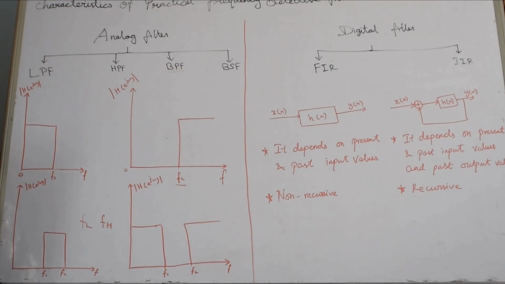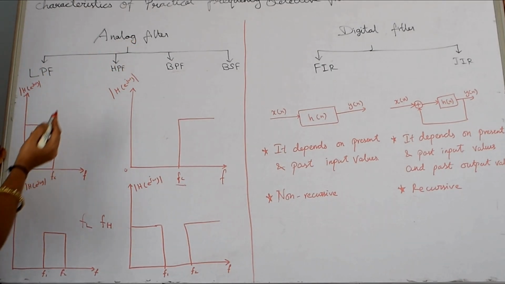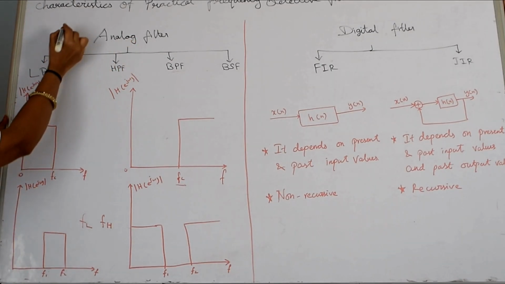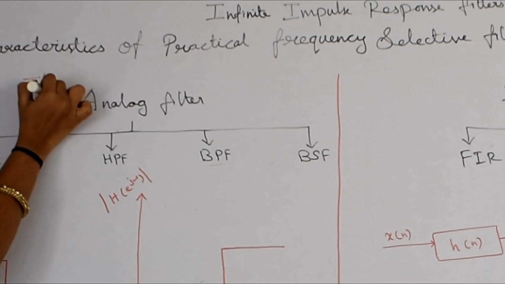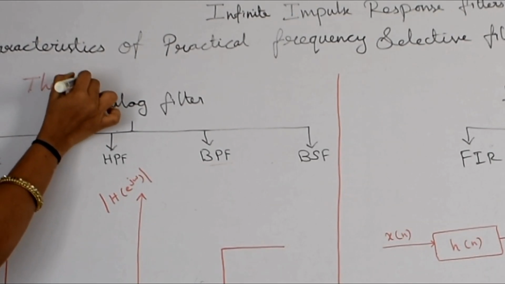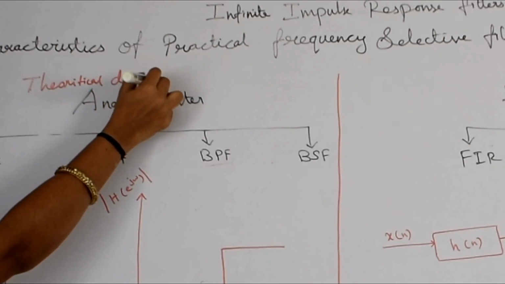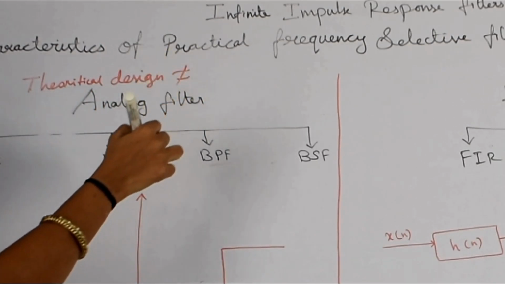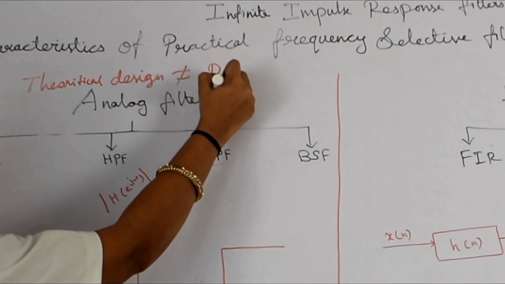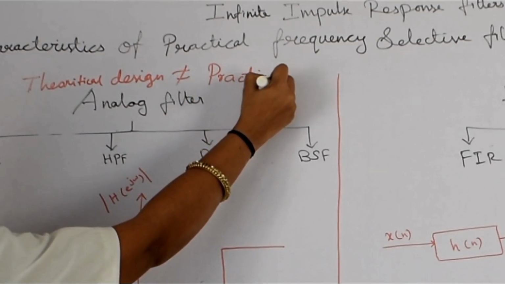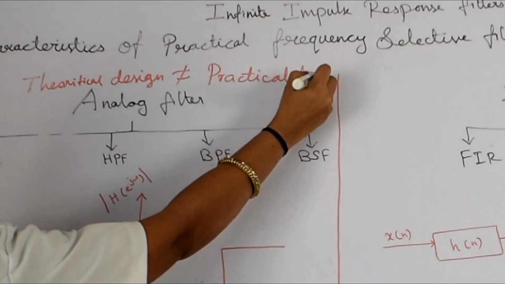In analog filter we have a main disadvantage that the theoretical design value will not be equal to the practical design value. So we are going for the digital filters.